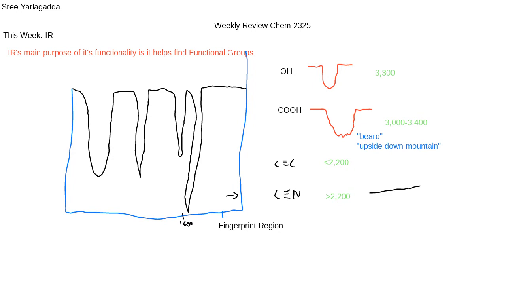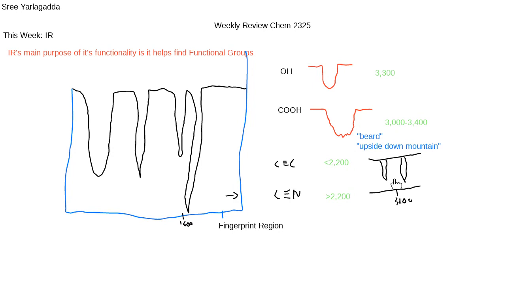So on a graph, let's say this is 2200. And let's say this is the top. Let's say there is a peak right here, and there is a peak right here. Okay? But it doesn't necessarily tell you what that number is. I mean, sometimes they will.